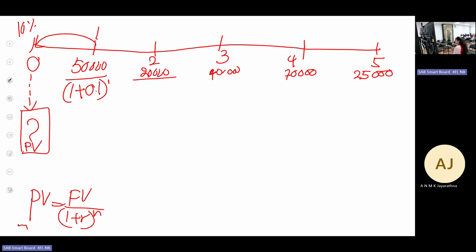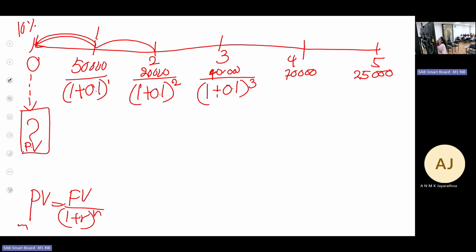Then 20,000 will be divided by 1 plus the interest rate to the power 2. Why? We need the value today. Then the third year cash flow of 40,000 will occur at 3 years, therefore to the power 3. We need today's value.